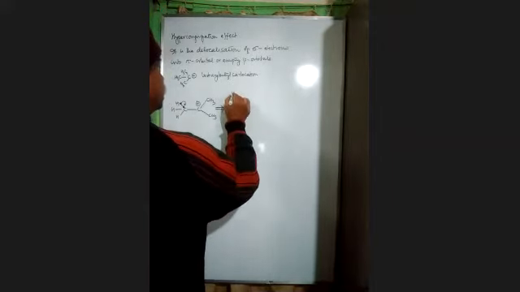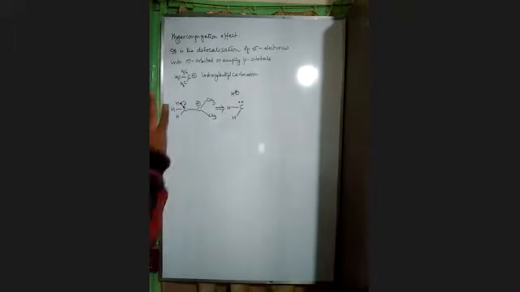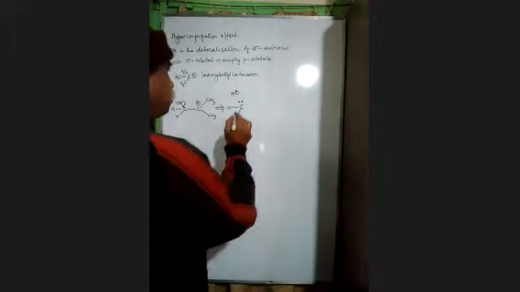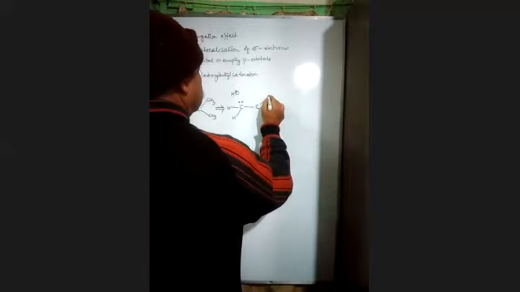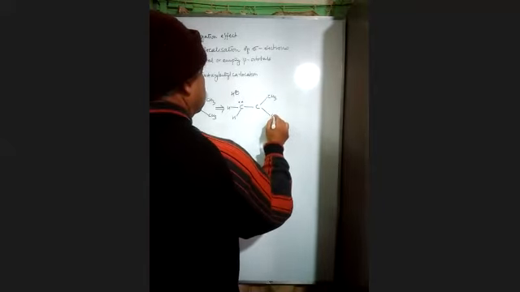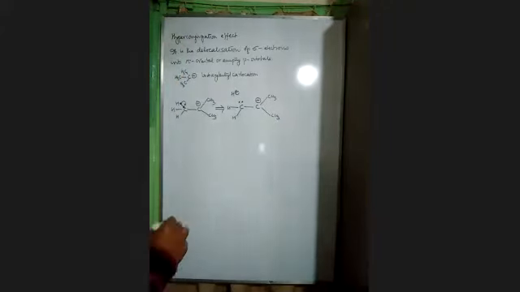Okay. So see, the hydrogen remains side by side. So this is the carbon which is having an empty p orbital.